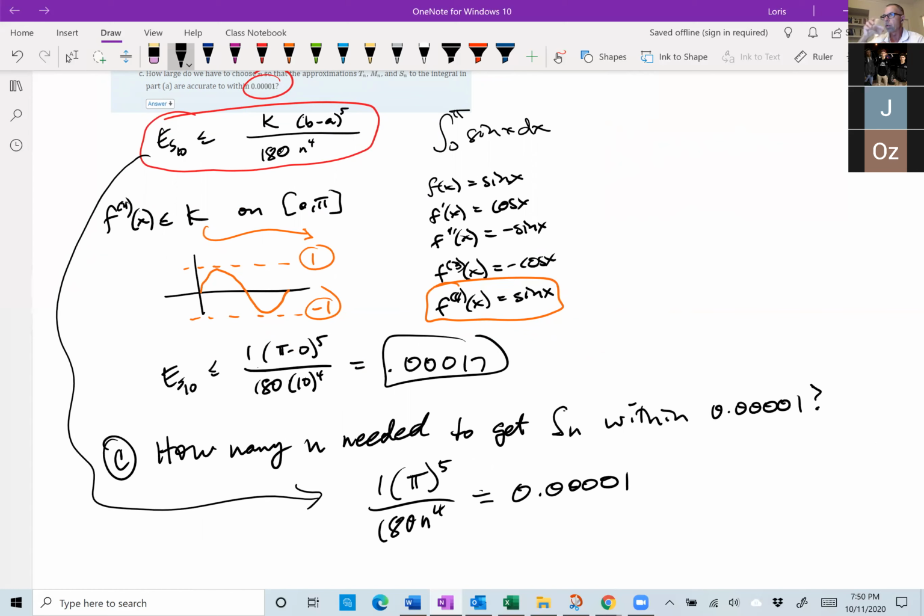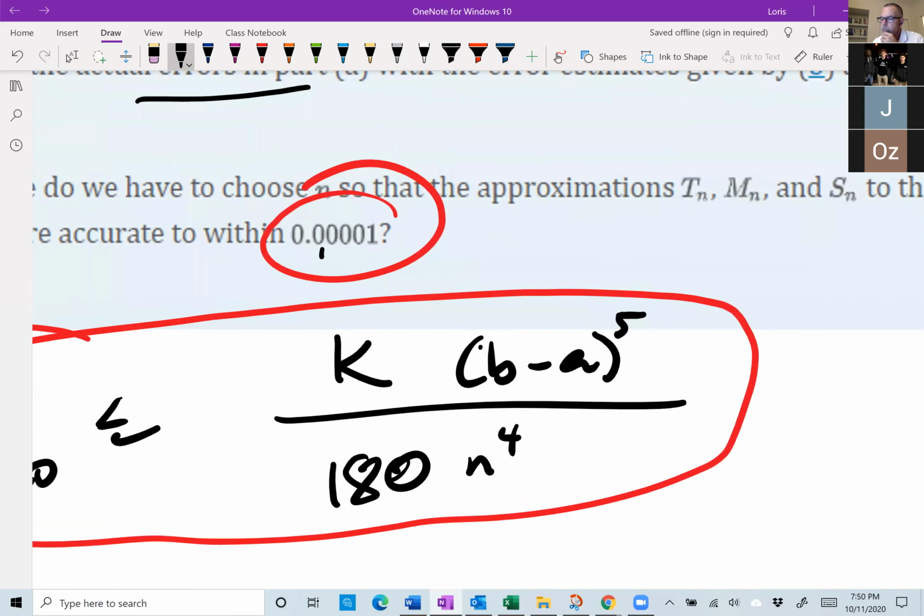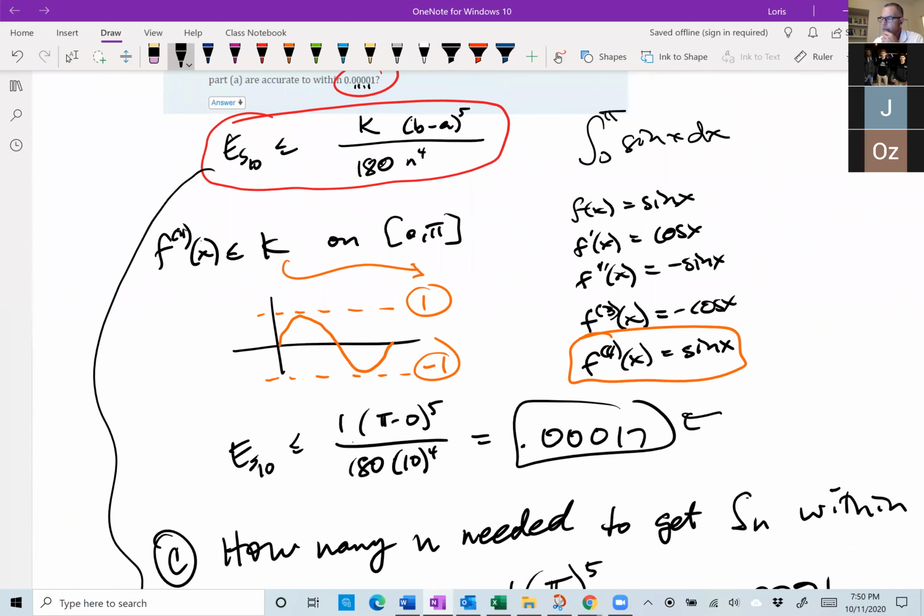Billy, are you following this? Shouldn't it be 0.0001? I think you have an extra 0 in there. Maybe not. Oh, okay, I think I'm okay. I was looking at the 0.00017.